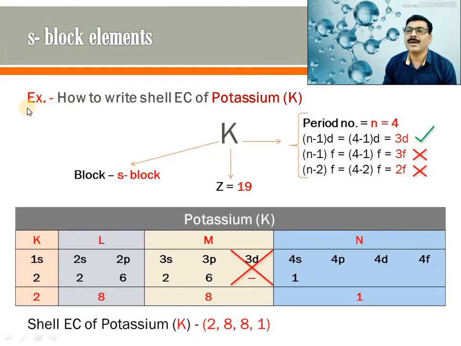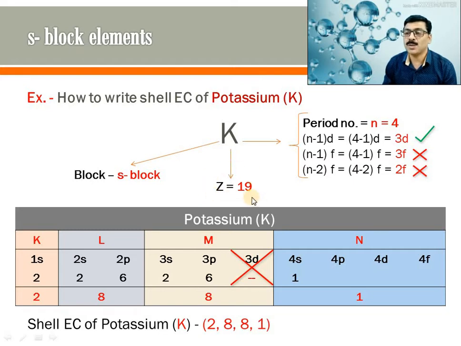Just for example, how to write the shell electronic configuration of potassium. Now here I can take potassium. Now we know that potassium is present in S block. So here I can mention the block in which potassium is present, and potassium is present in S block. Then also I mention here the atomic number of potassium.